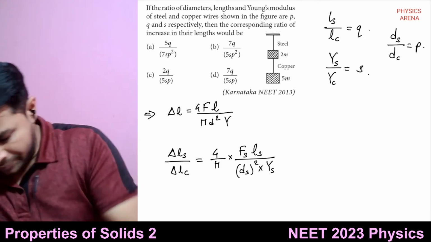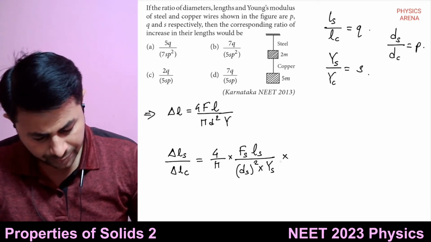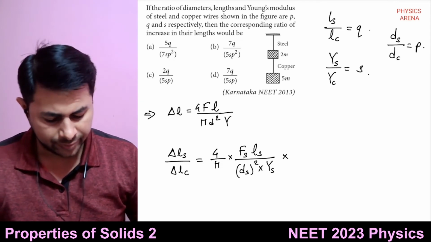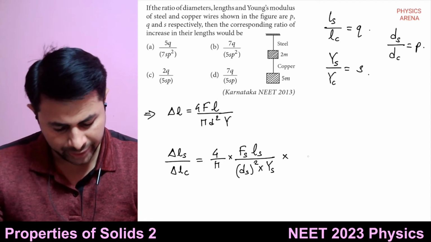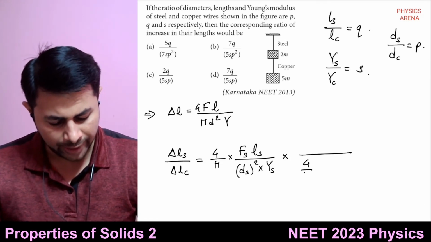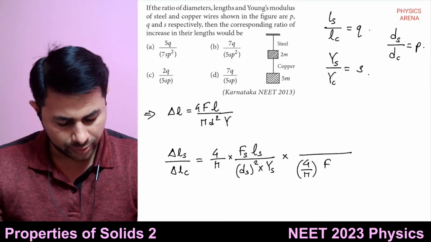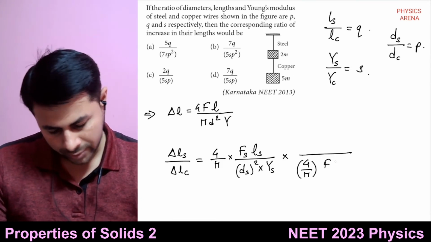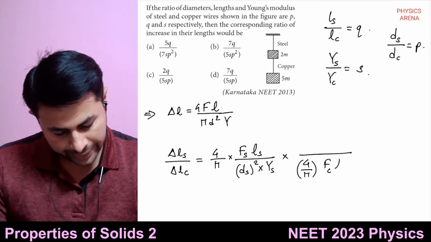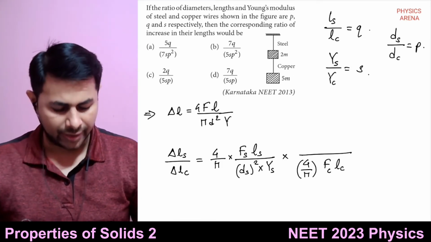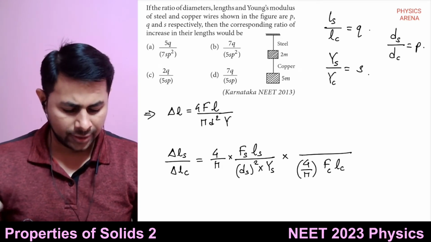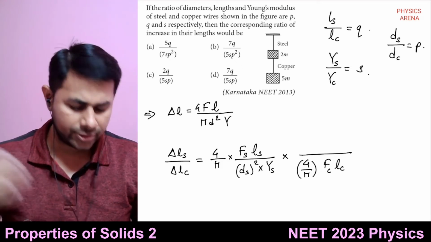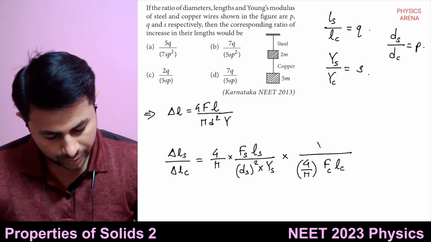And I want to divide it by the same thing: 4 by pi, force on copper, length of copper divided by diameter of copper square multiplied by Young's modulus of copper. So this goes into the numerator.